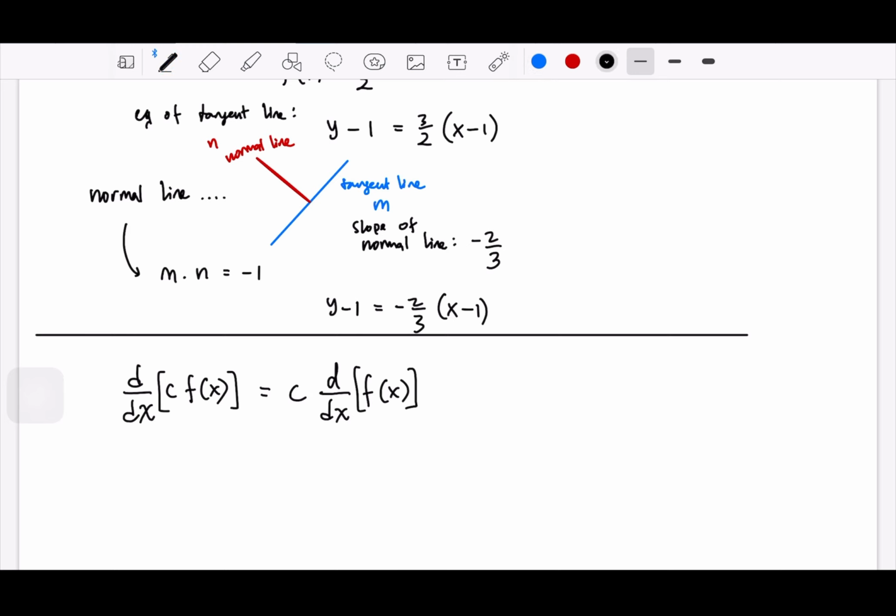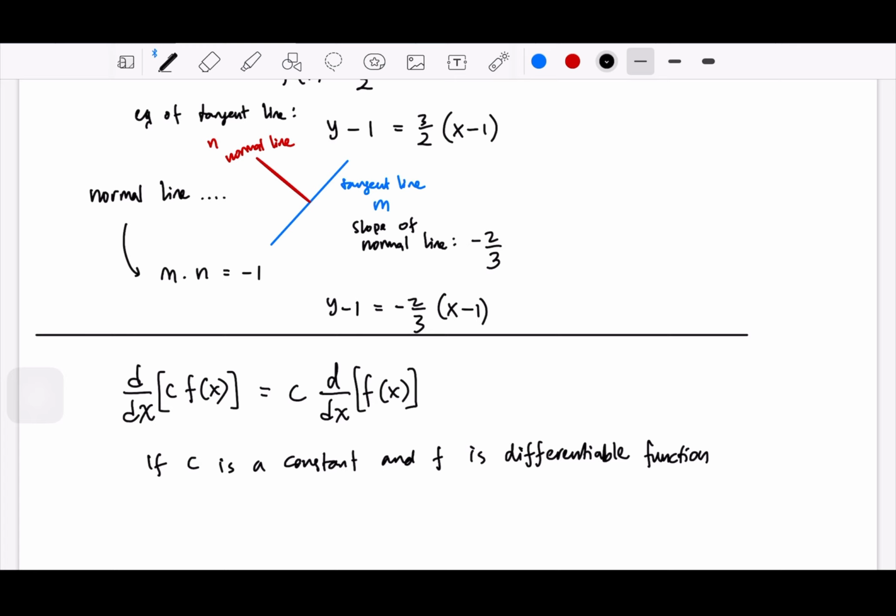So if c is a constant and f is a differentiable function, the proof is basically the same.